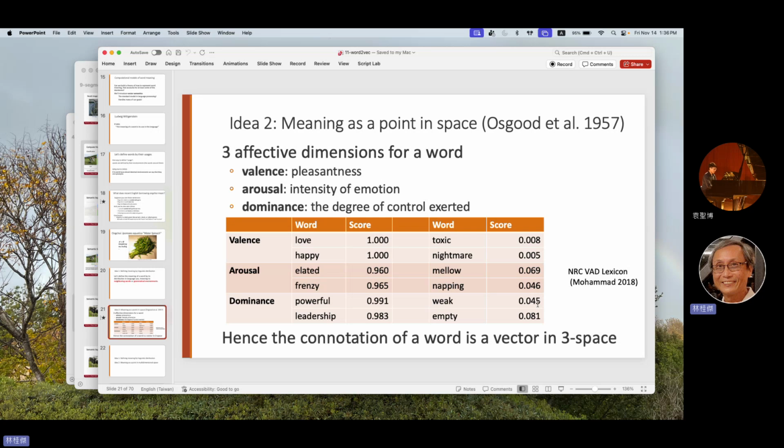So if we can define the dimensions in terms of semantics, then for each word we want to encode in our system, we may be able to find a weight for that word in this dimension, and this dimension, and this dimension.